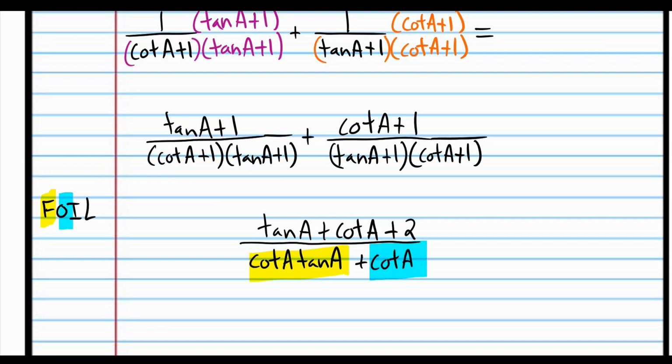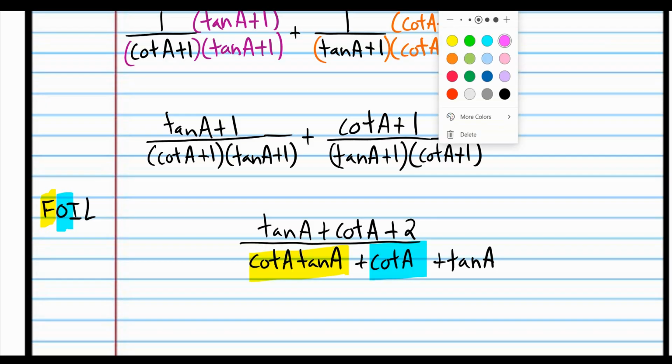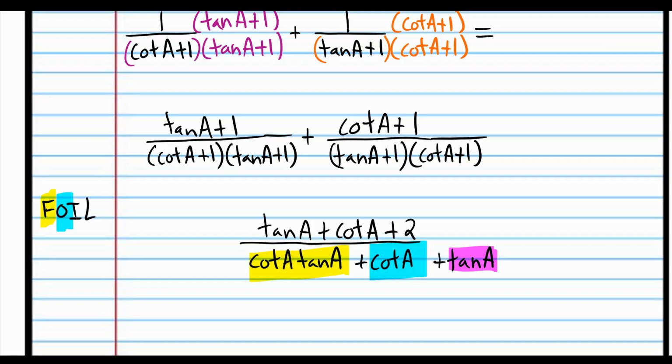So that's O. And then I of FOIL is 1 times tangent A. That means inside. O means outside. So we get tangent A. And I'll try purple for that one. And L is the last terms. That's 1 times 1. So it looks pretty bleak at this point.